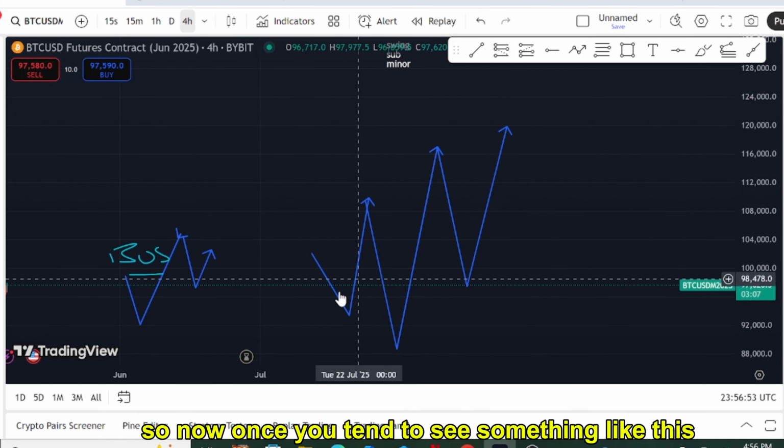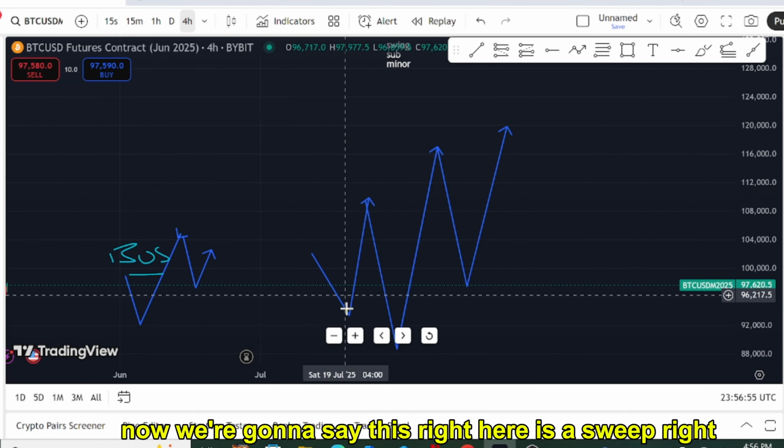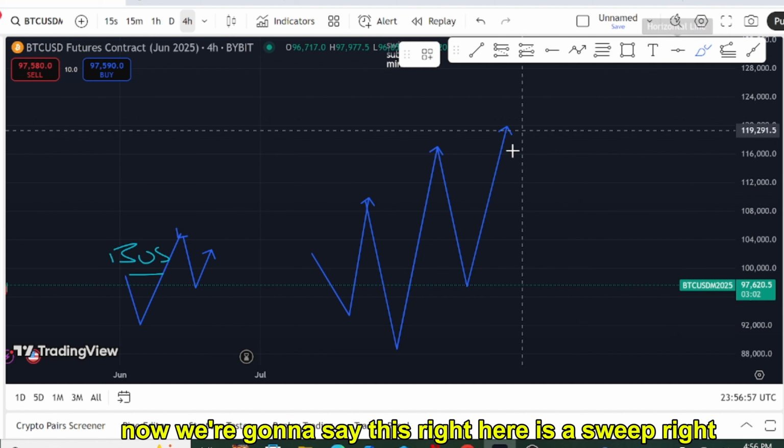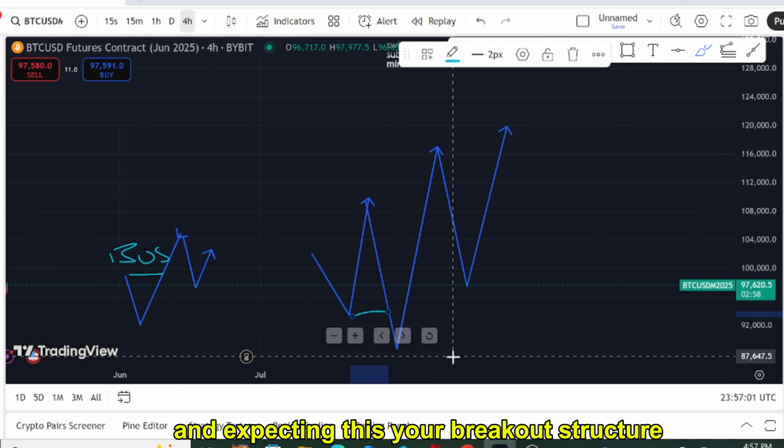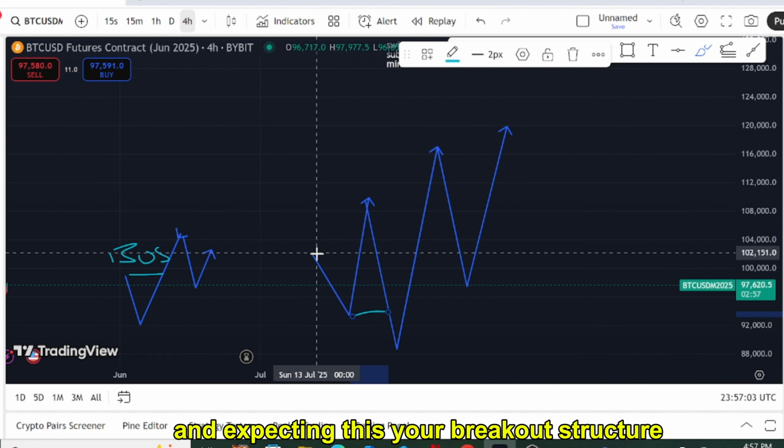Now once you see something like this, we're going to say this right here is a sweep, and we're expecting this break of structure, another break of structure, then once you see this other break of structure, and price comes back to this zone, then we buy.